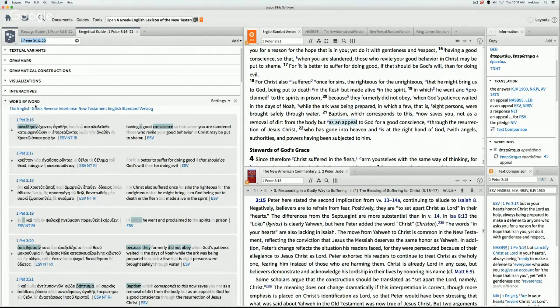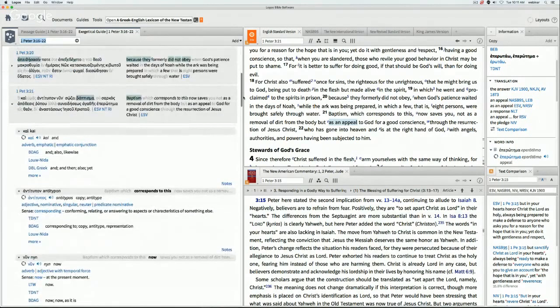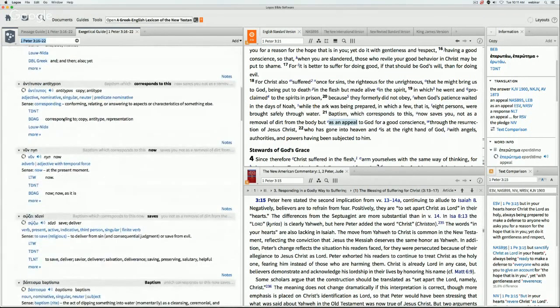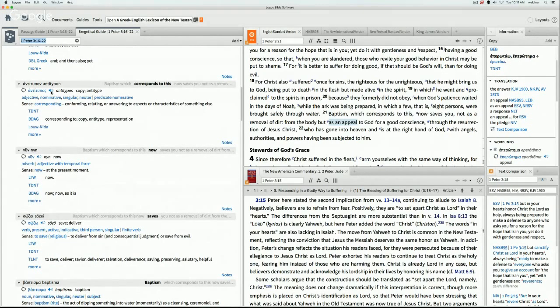That's just what it sounds like: every word in the passage that you've entered, and what the words and definitions are. Notice that every word that comes up has a link to a Bible word study guide, a pronunciation, a transliteration, and then a simple gloss, or a very simple definition of the word, along with links to the lexicons that you have with definitions for that word.